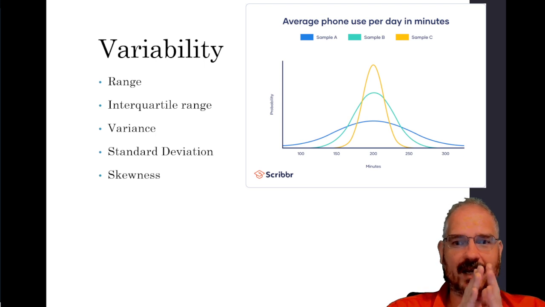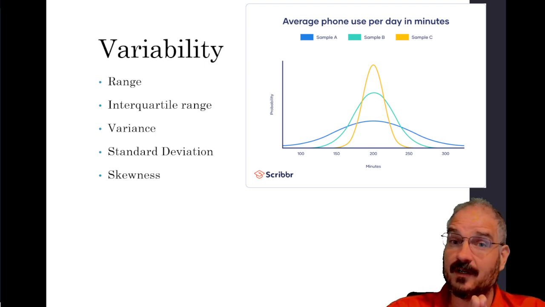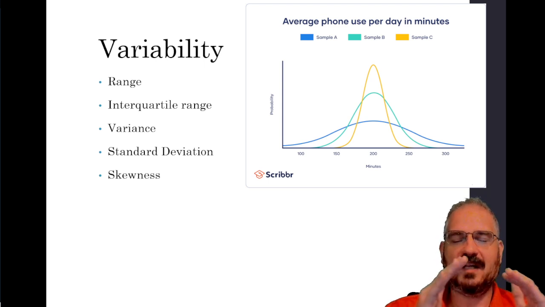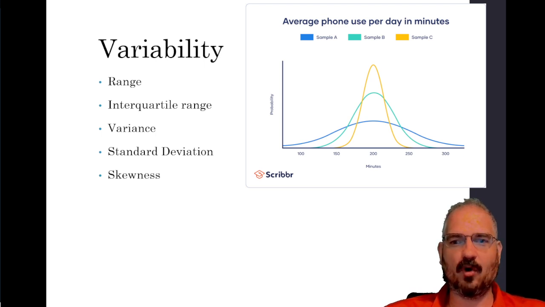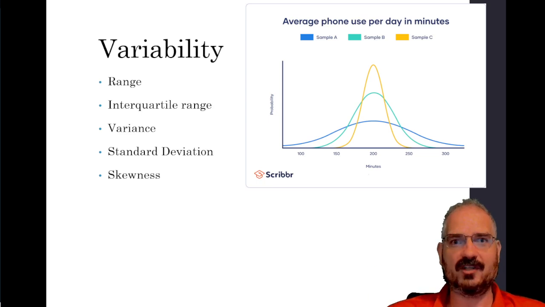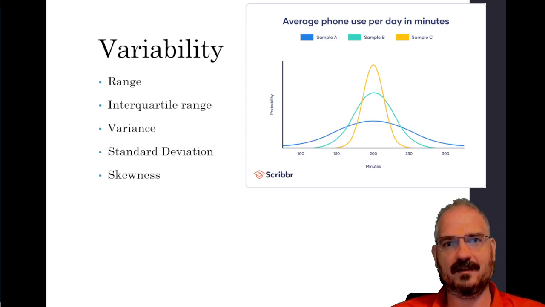Whereas the blue line also has a mean of 200, and it's still essentially a normal curve shape, but it's much flatter, much wider, right? So there's lots more of those outlier values that just happen to be clustered around that exact same mean that we had with the yellow line, where there are very few extreme values out on either end, right?